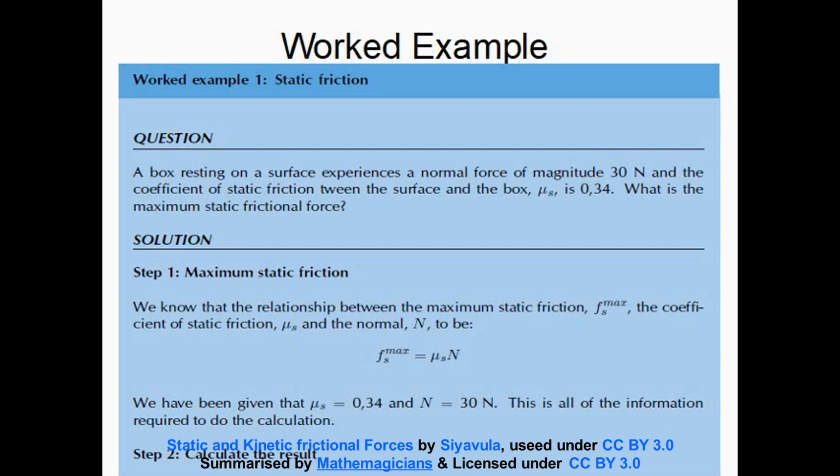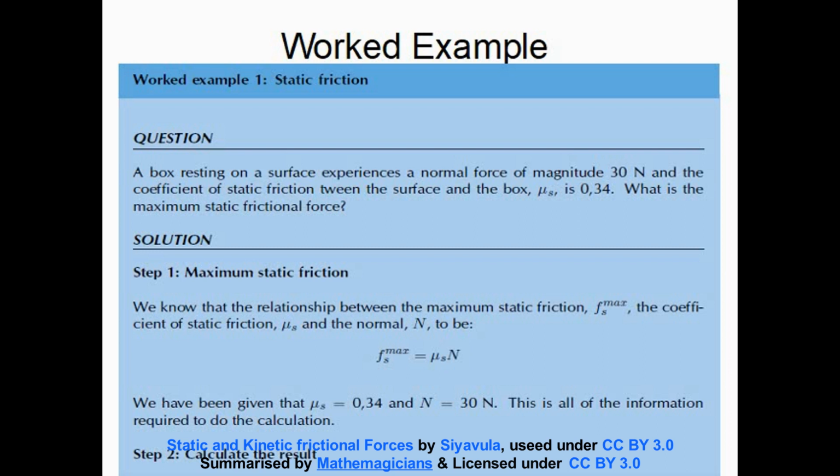A box resting on a surface experiences a normal force of magnitude 30 newtons, and the coefficient of static friction between the surface and the box, mu s, is 0.34. What is the maximum static frictional force?